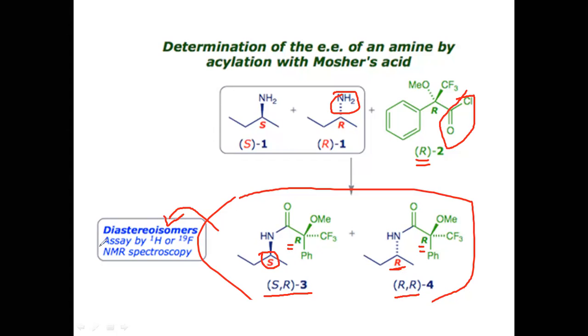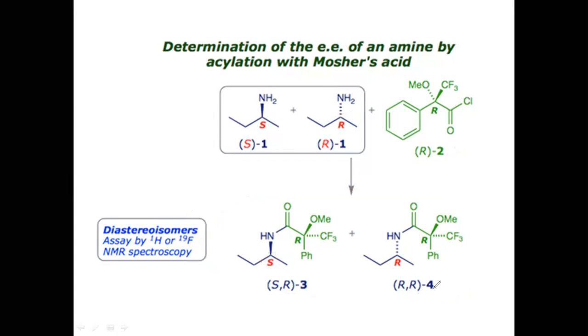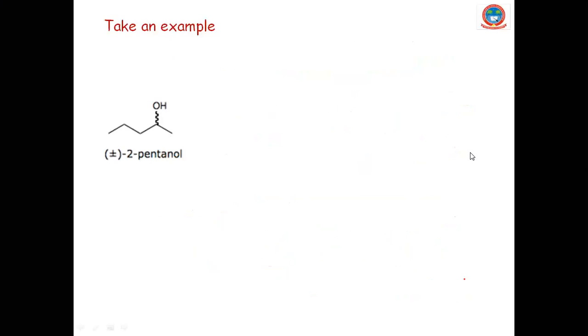And remember, we have learned many points and examples about diastereomers. Diastereomers in NMR spectroscopy always give very different chemical shifts. So once we have these two compounds in hand, we can separate them by a technique, for example, column chromatography.